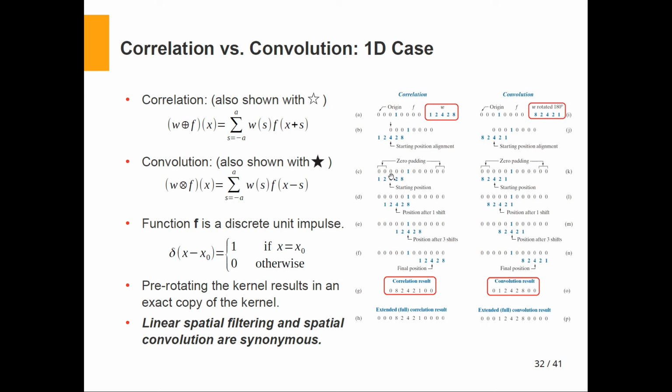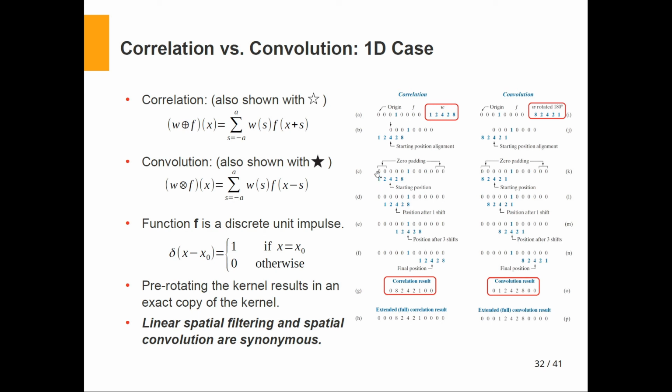Since here we have two values that fall outside, we just put 2 zeros to the left, so now we don't have any undefined values. After doing this, what we do is find the element-wise multiplication between the kernel and the function, and we sum them all together.